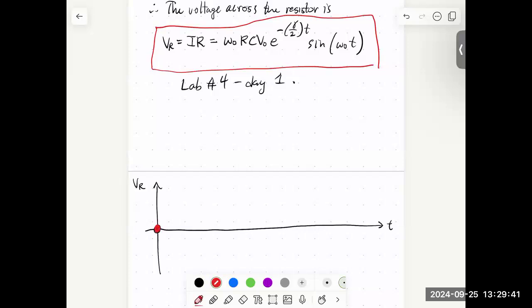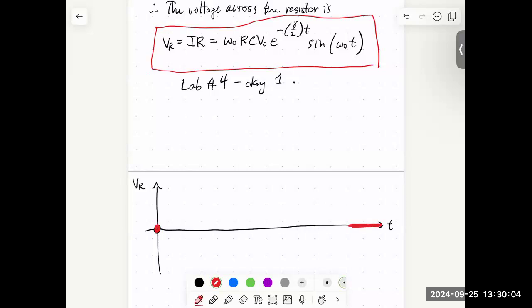If I go to a very long time, I'm going to get e to the minus something times t. But if t is large, we'd have e to the minus a large number. It's going to go to 0. So eventually we'll end up here. So we're going to start at 0, and we're going to end at 0 for the voltage across the resistor.